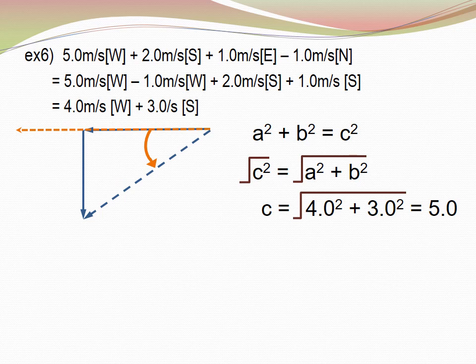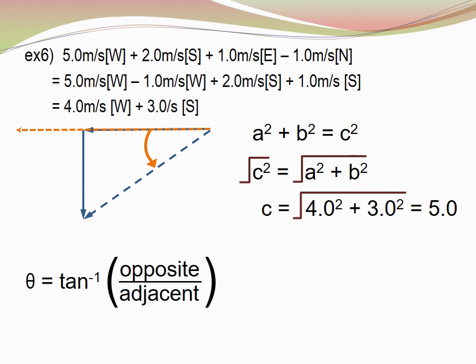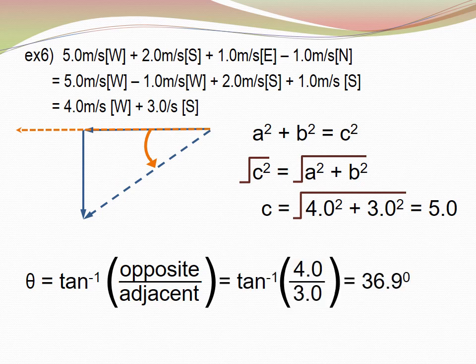And we're going to use tangent, so inverse tan of opposite over adjacent will give us theta. And being that it was the same question as the previous example, we got the same answer.